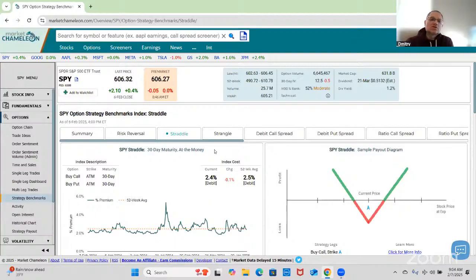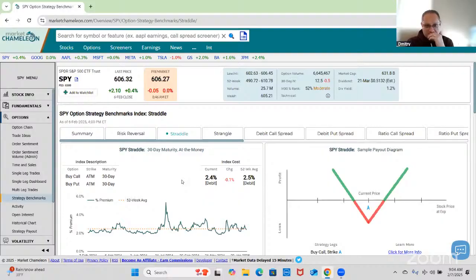In this situation, and this is the description of a straddle, you're buying an at the money 30-day call and buying an at the money 30-day put, and we convert that cost to a percent of the stock price.